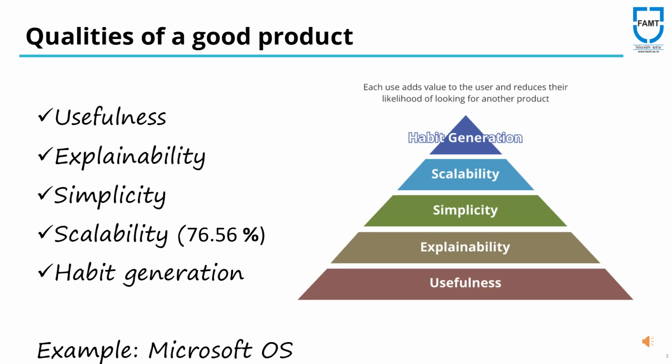Now let's take an example of the Microsoft operating system. It satisfies all these five qualities, and that actually makes any product good. Usefulness. Is Microsoft operating system useful? Yes, it is useful. If you start using the particular operating system, it is simple to understand as compared to many other operating systems. Whatever functionalities it has are easily explainable.